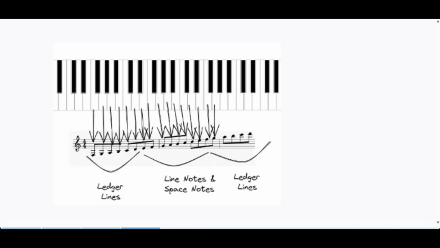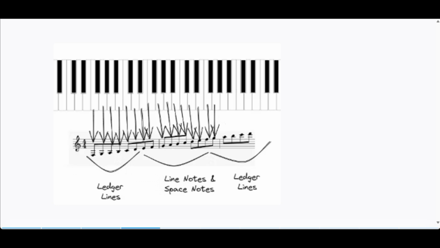But the space notes are the notes written inside the spaces, right? So the ones that are not on a line or in a space would be a ledger line.